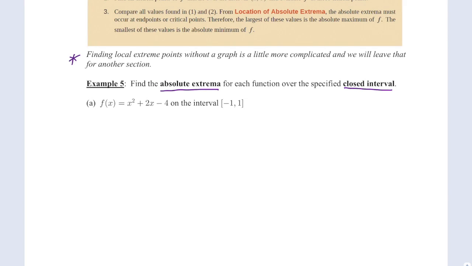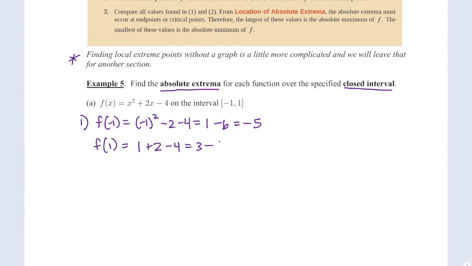So our step 1 is compare just what's f of -1 and what's f of 1, and just keep those for reference. F of -1 is -1 squared minus 2 minus 4. So 1 minus 6, -5. F of 1 is 1 plus 2 minus 4. 3 minus 4 equals -1.